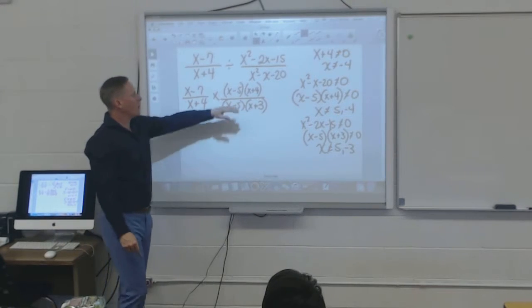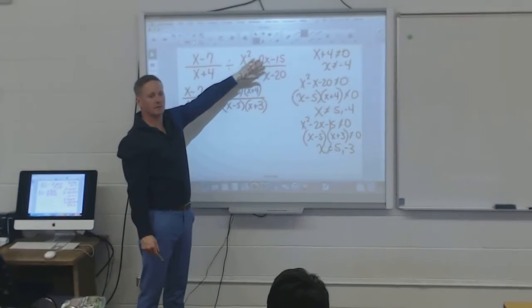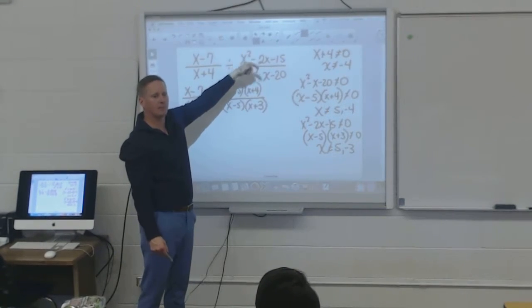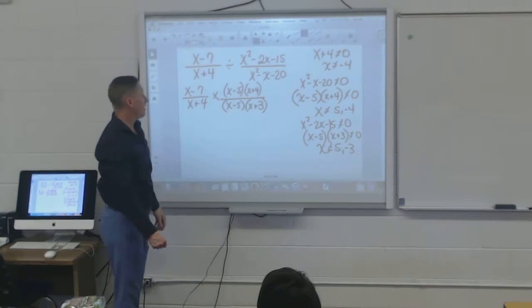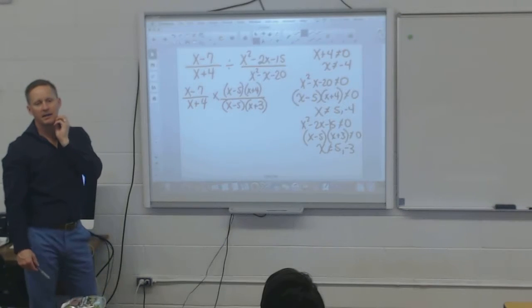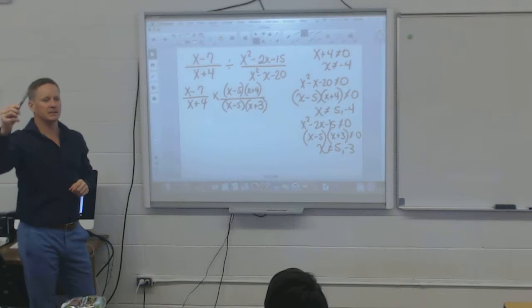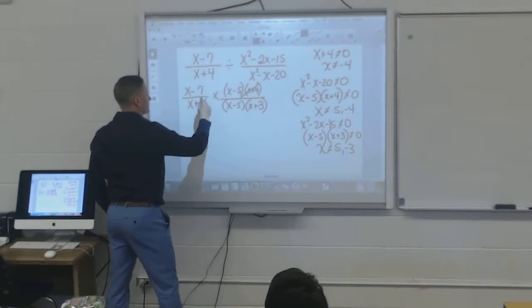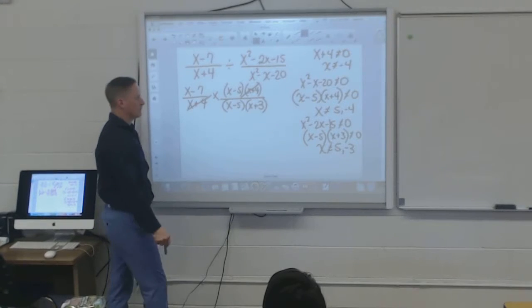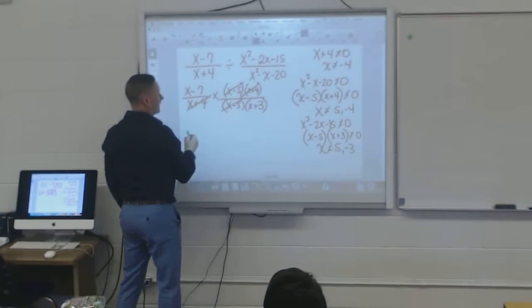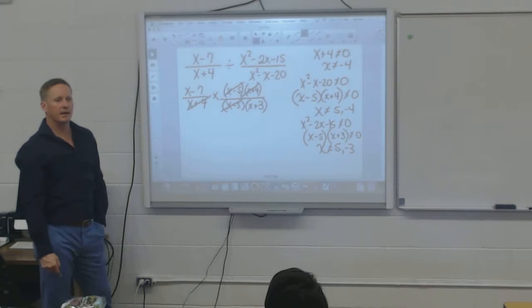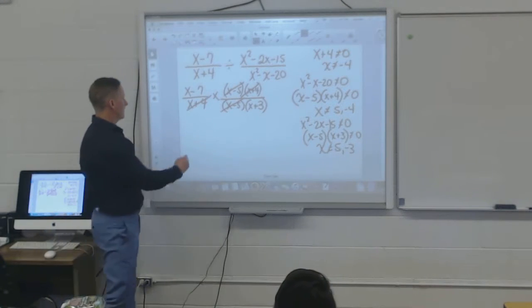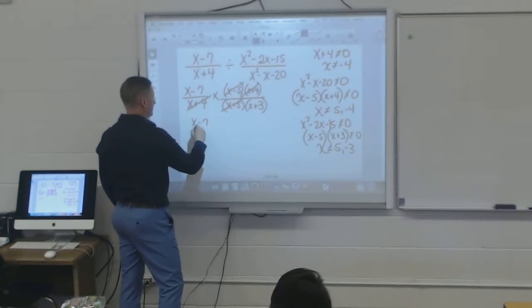I've already factored these two guys. Now I'm just flipping them, top and bottom. And now I can cancel, because it's multiplying, anything on top that's the same as something on the bottom, I can cancel. X plus 4, x plus 4. X minus 5, x minus 5. What am I left with? X minus 7, x plus 3.